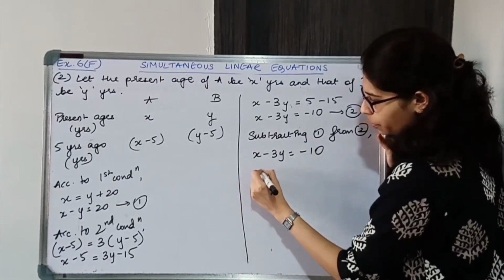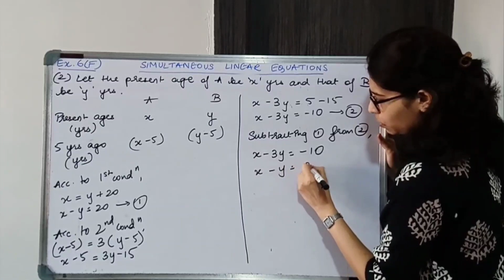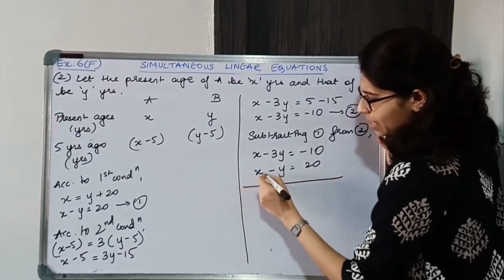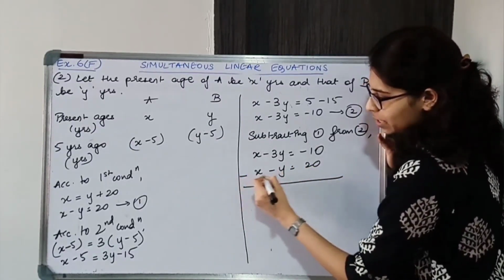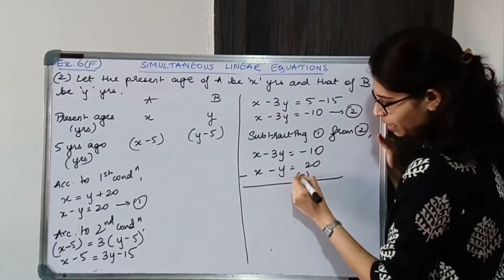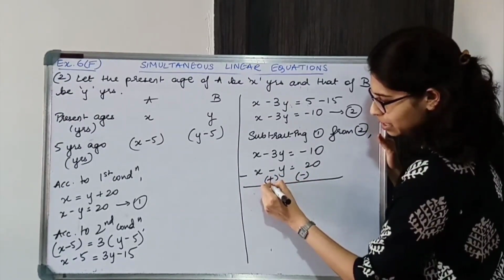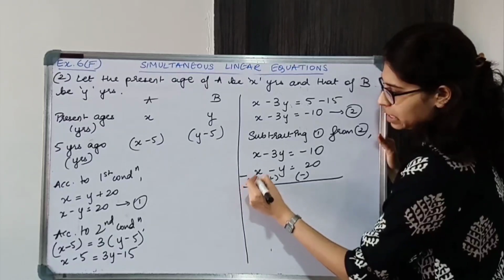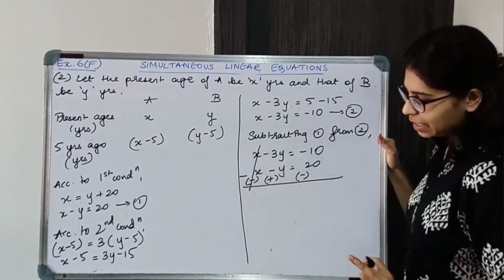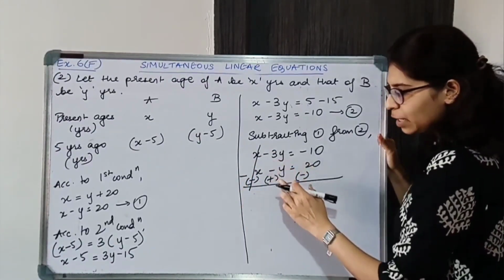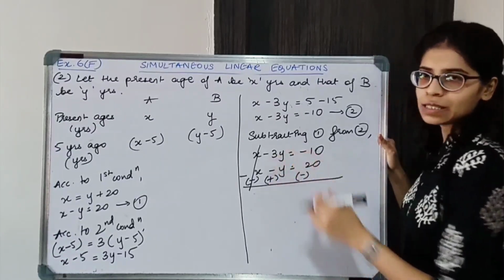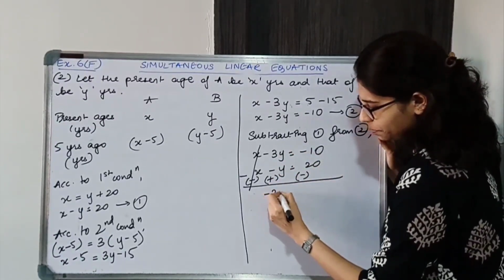So x minus y is equal to 20. We are subtracting this equation, so the signs will change. Plus 20 becomes minus 20, minus becomes plus, and this plus becomes minus. Plus x minus x will get cancelled. Minus 3y plus y, that is plus 1 minus 3, that will give minus 2.